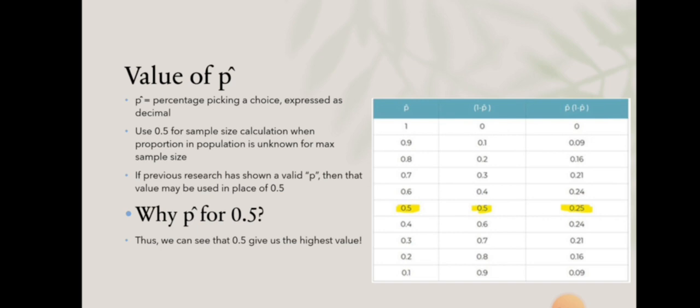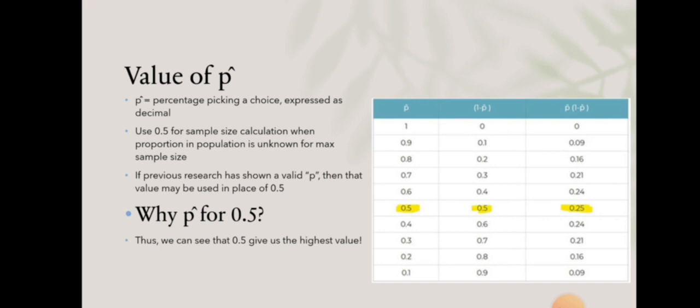Use 0.5 for sample size calculations when the proportion in the population is unknown, for maximum population size. So we use 0.5 for the population proportion, that is the P value, for unknown populations, to determine the maximum population size.